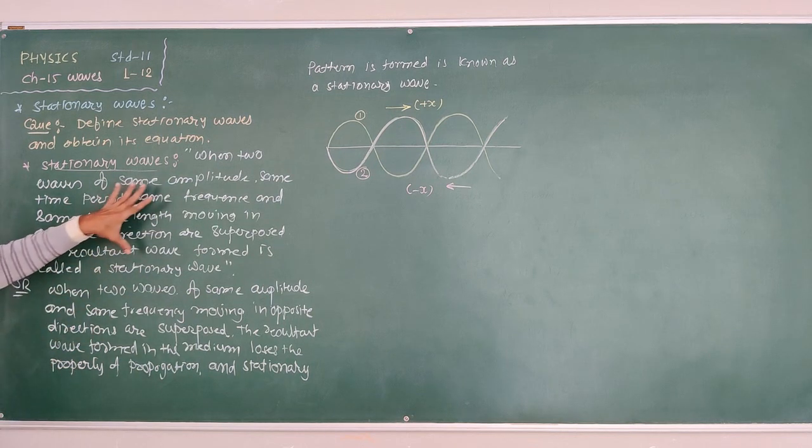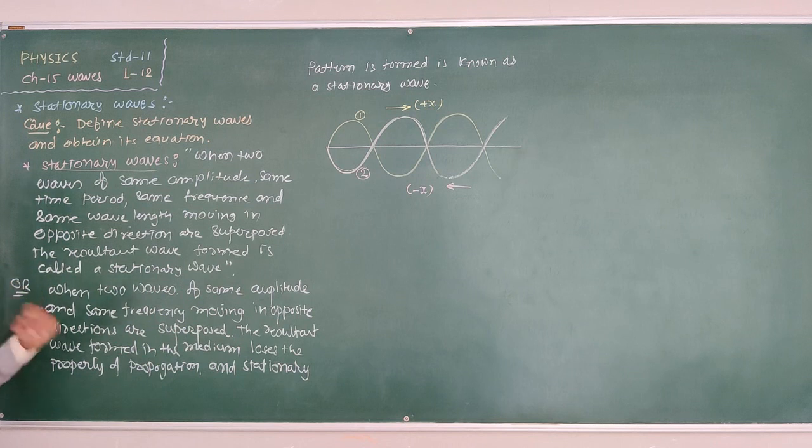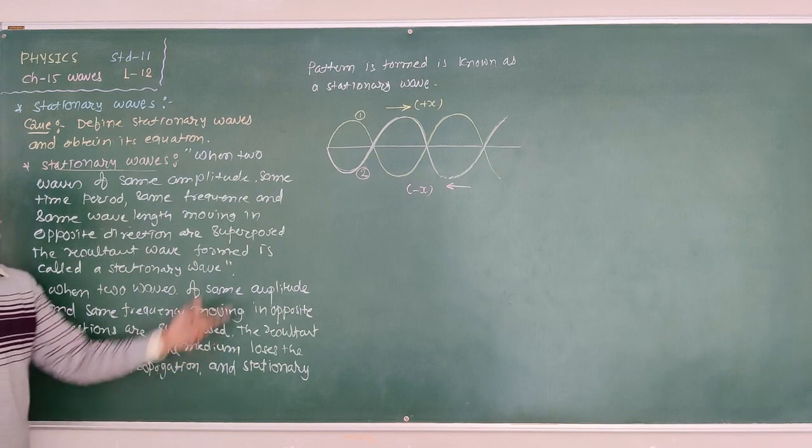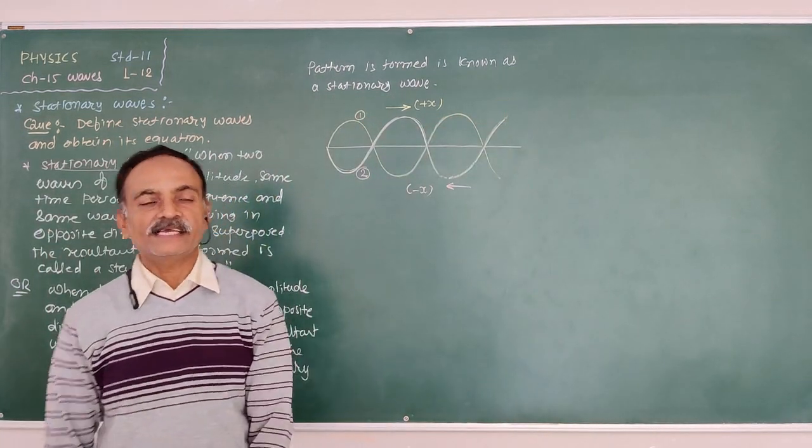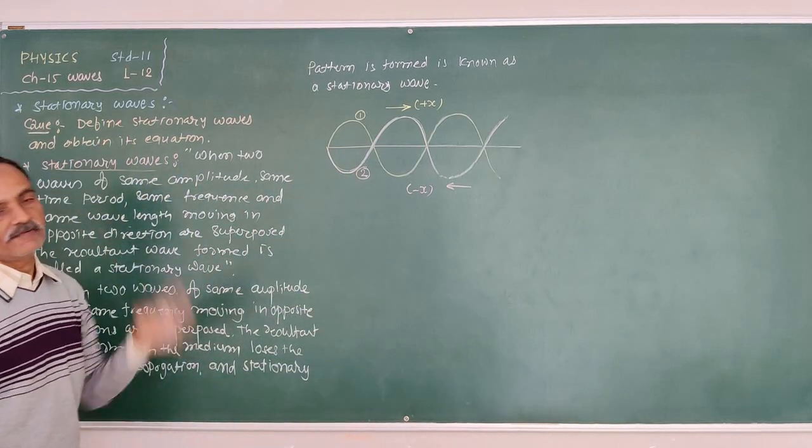When two waves of the same amplitude and same frequency moving in opposite direction are superposed, the resultant wave formed in the medium loses the property of propagation and a stationary pattern is formed. This type of stationary pattern is known as the stationary wave.